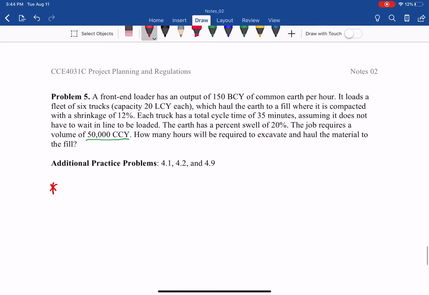So first one, standard production rate of the loader.